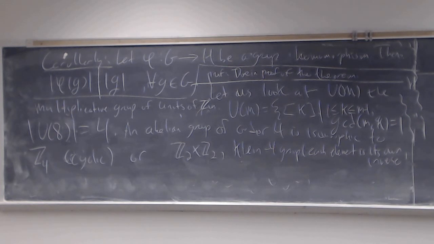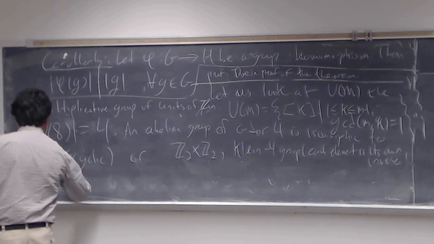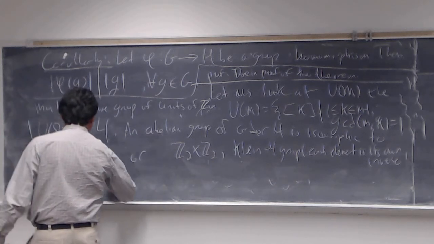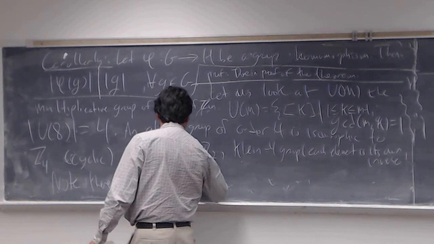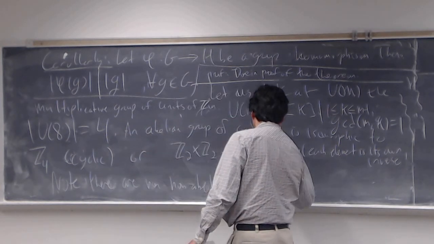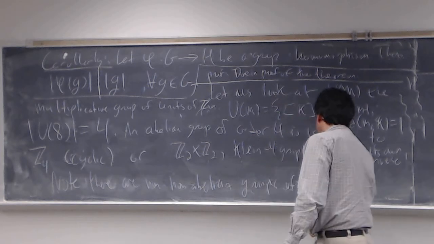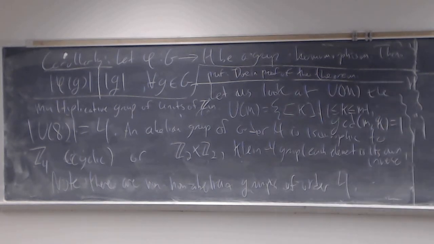Okay, and actually those are all the groups. We just want to note there are no non-abelian groups of order 4. But really, in general, U_m we know has to be abelian, so it would have to be one of those two. Well, which one is it?